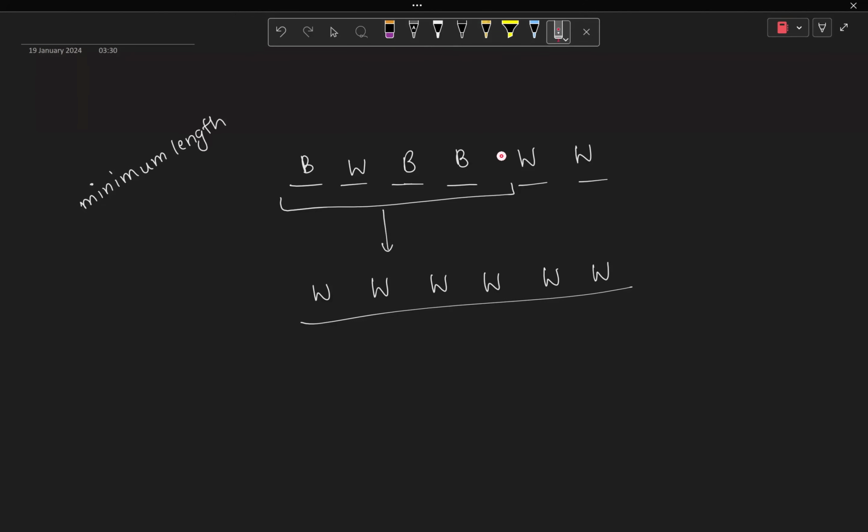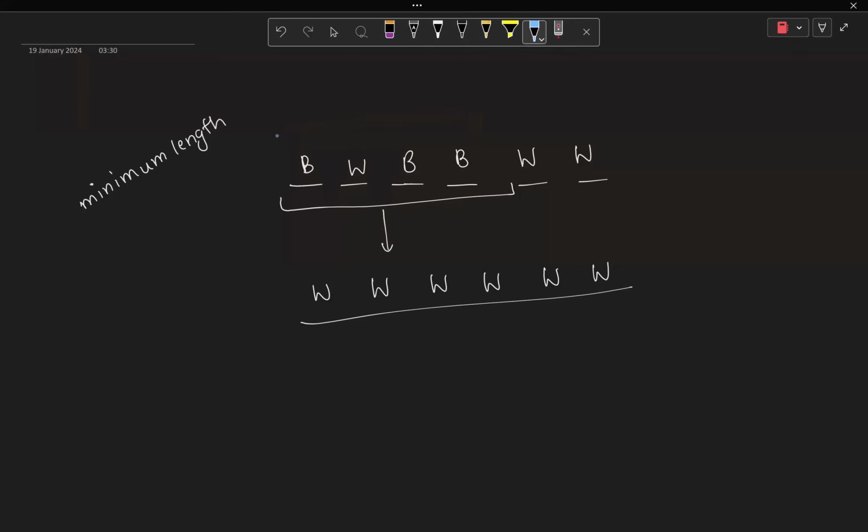So here you just had to make some simple observations. If you choose any substring in which any black cell is missing, you would not be able to convert all the black cells to white cells, right? So at the very least, your substring must consist of all the black cells, which means the segment you choose must start from any place before or equal to the first occurrence of black cells, and end at least at the last occurrence of black cells.